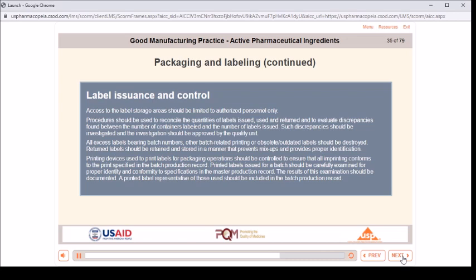Printed labels issued for a batch should be carefully examined for proper identity and conformity to specifications in the master production record. The results of this examination should be documented. A printed label representative of those used should be included in the batch production record.